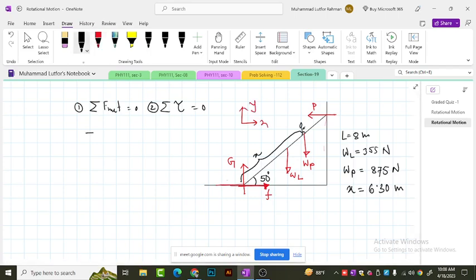So that means I can write the net force along the x axis would be 0, and the net force along the y axis would also be 0. Right? Can you write this one? Yes, sir. Fine. So first, let's say for the first condition, the net force along the x-axis is 0. Then what are the forces along the x direction over here?